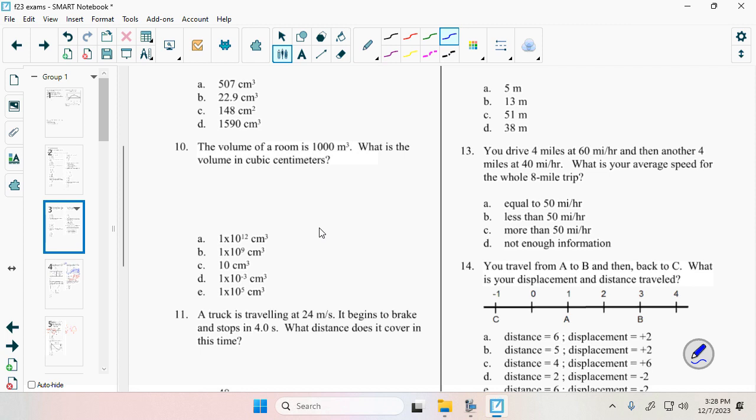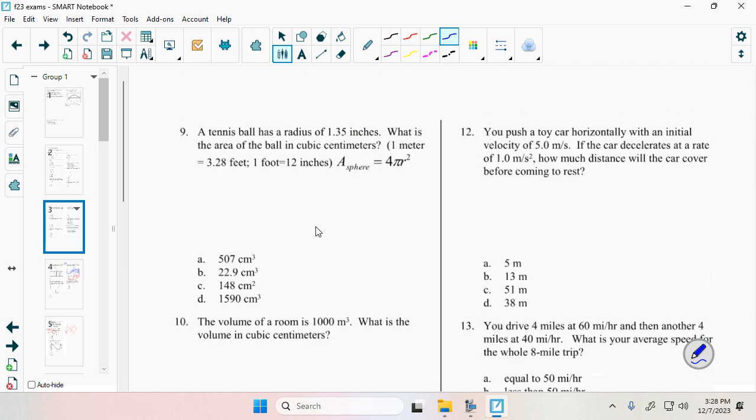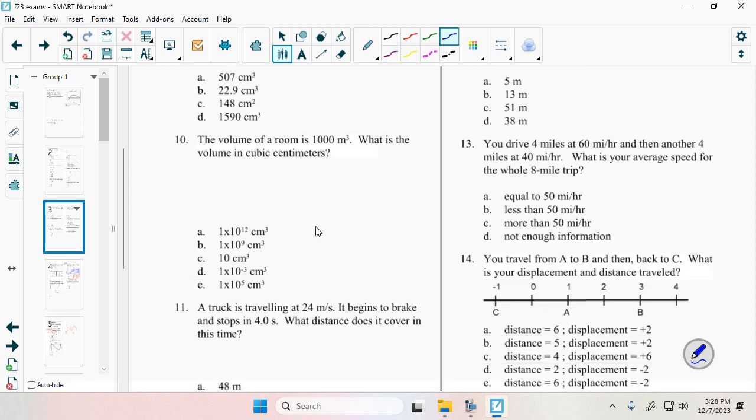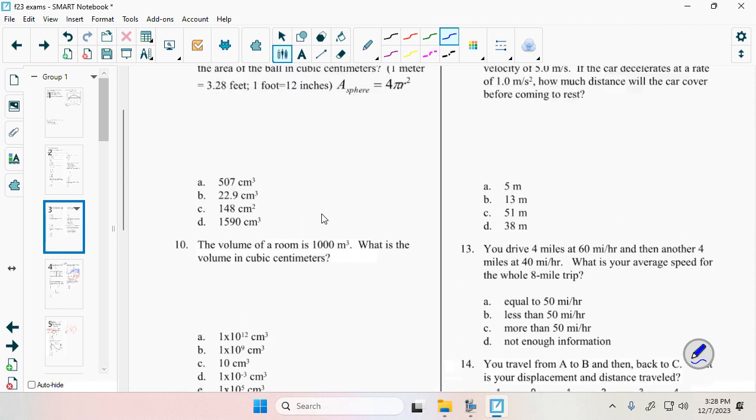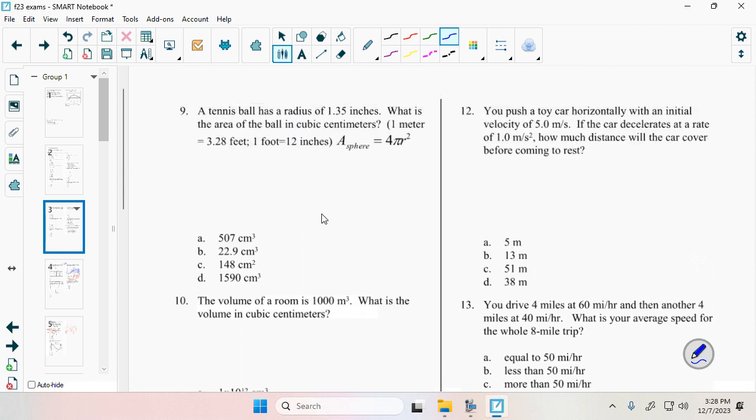Okay, so you will have to convert units of powers. There were a couple of these, 10 and 9. We're both converting units of powers. Be really careful. We'll come and do number 10, but just be really careful when you're squaring or cubing or whatever the conversion factor.